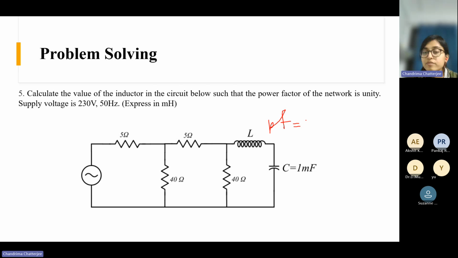Power factor is 1 when your load is purely resistive. But if there is inductive load or capacitive load, it will differ from 1. It will not be unity power factor. So how close your circuit is to a pure resistive circuit, we can tell from the power factor.